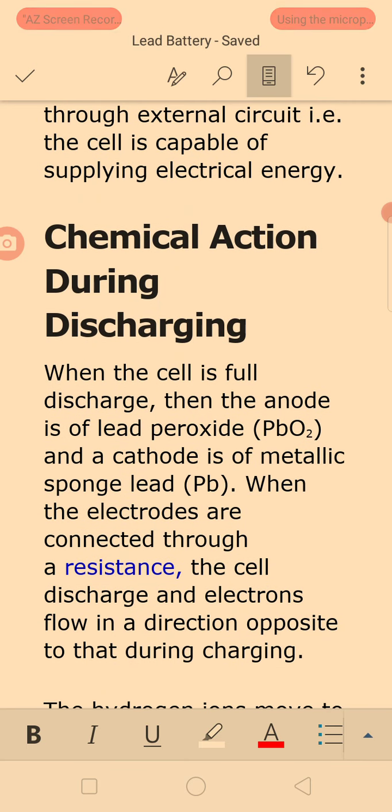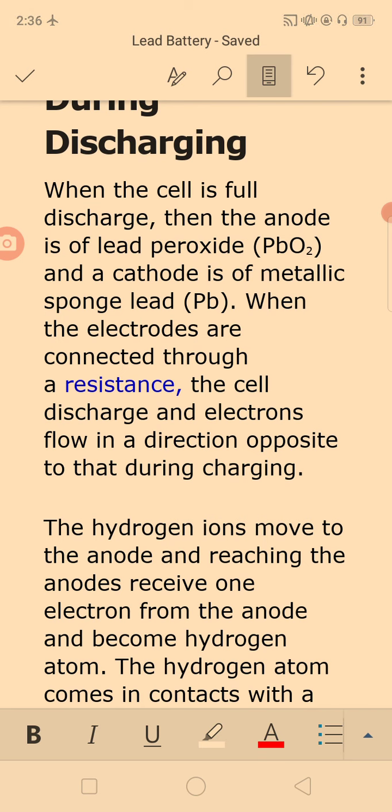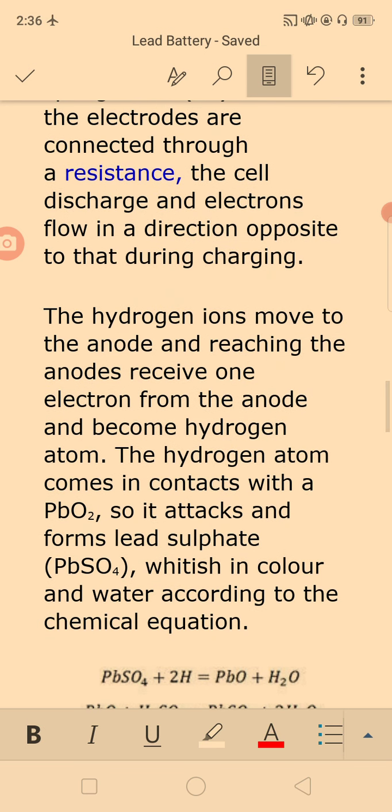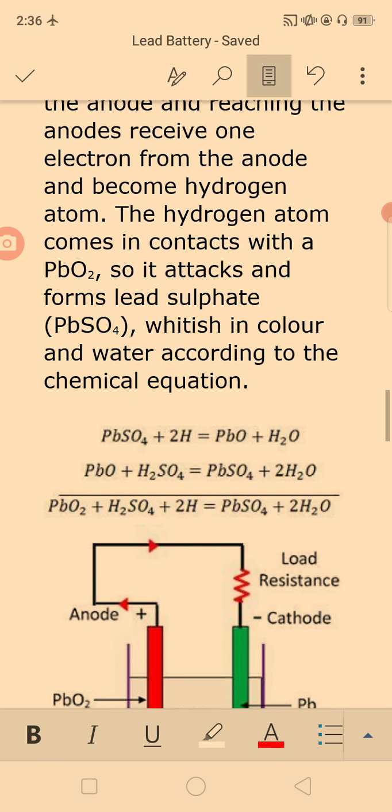When electrodes are connected through a resistance, the cell discharges and electrons flow in the opposite direction as in the diagram. Hydrogen ions move to the anode and receive one electron from the anode to become hydrogen atoms. Hydrogen atoms come into contact with PbO2, attack it and form lead sulfate, whitish in color, and water is produced, as given in the chemical equation.